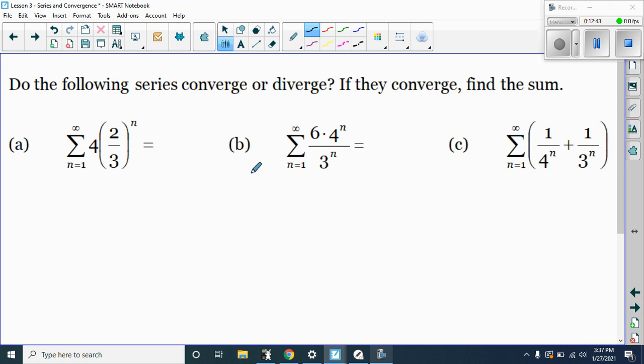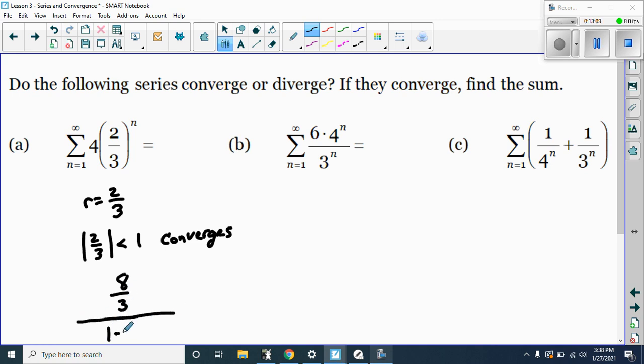The common ratio, which is 2/3, the absolute value of 2/3 is less than 1, therefore it converges. To find what it converges to, we plug in 1. Gives me 4 times 2/3, that's the first term, over 1 minus the common ratio. Common ratio is the number you're raising to the exponent.